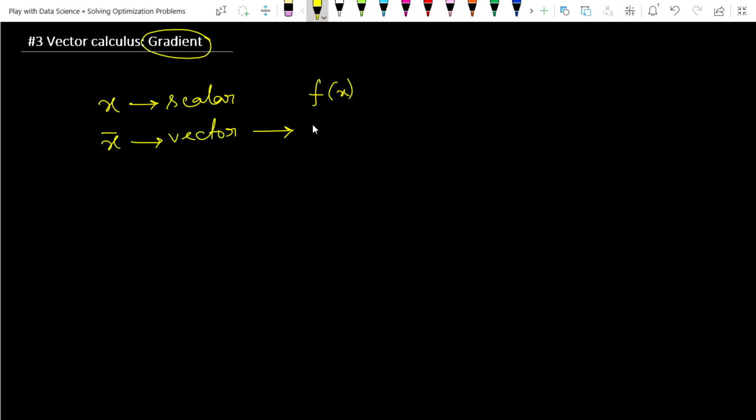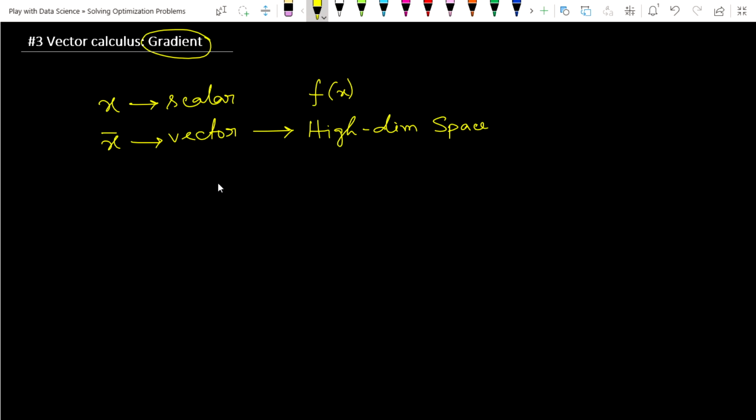If x lies in a high dimensional space, then simply x is a vector. Then what about these situations?